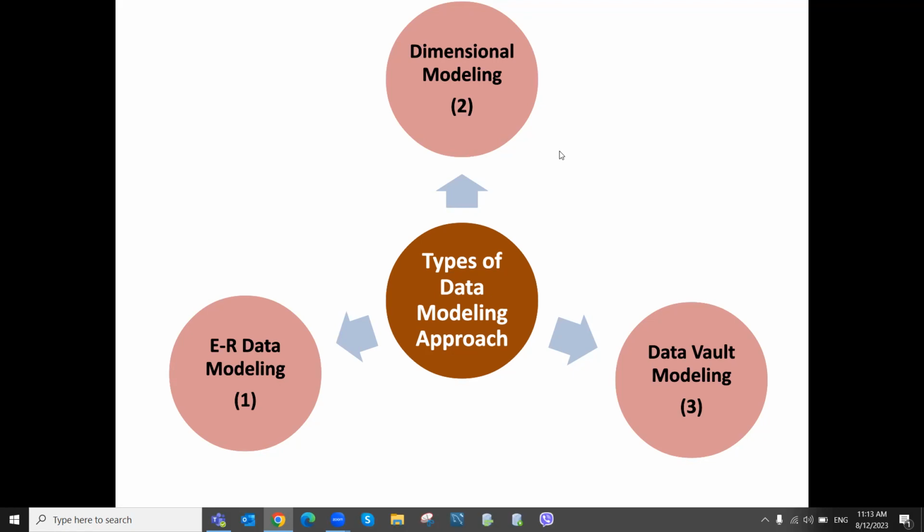Check with him, is he able to connect? He is there, his audio is connecting. Yeah, please start now.